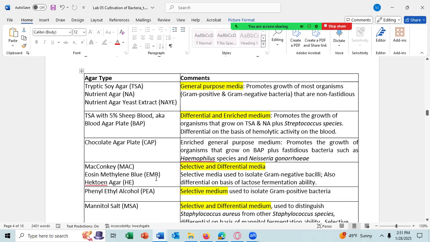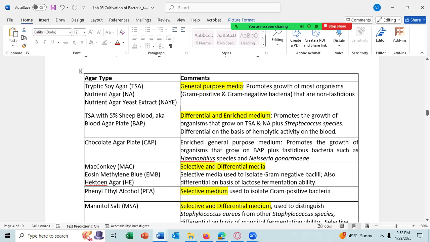All three are also differential in that they have a chemical in them, allowing you to see if lactose fermentation occurs. If lactose fermentation occurs on MacConkey's, it'll turn pink. If lactose fermentation occurs on EMB, it'll be either a metallic green color or a darkening of the plate, usually blackish, but a darkening. And on Hektoen enteric agar, if it is differential for lactose fermentation, it will look salmon colored. Salmon is a yellow orange color.